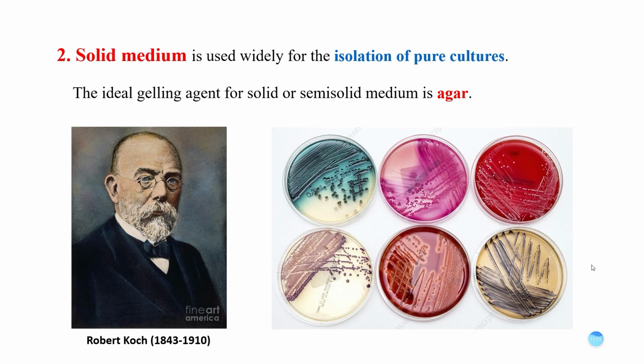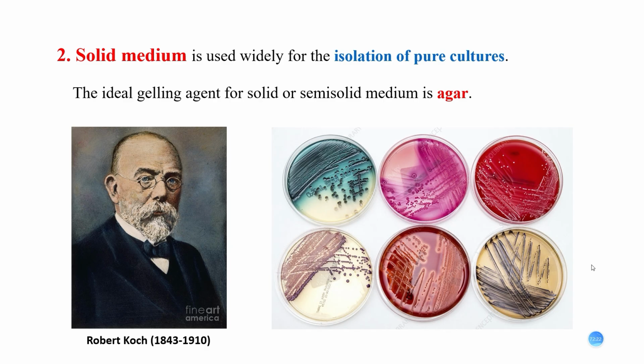Even though it's solid, over 98% of the medium is still water, so that the bacteria can grow on the surface. And with this solid medium, we can streak bacteria like this, so that finally we can get single colonies. So this is useful for isolation of pure culture.